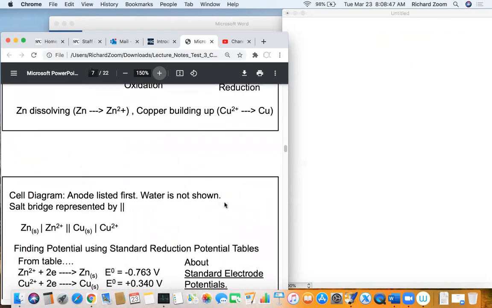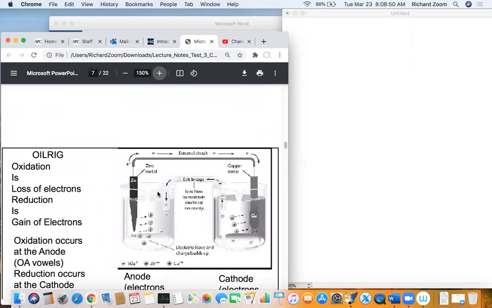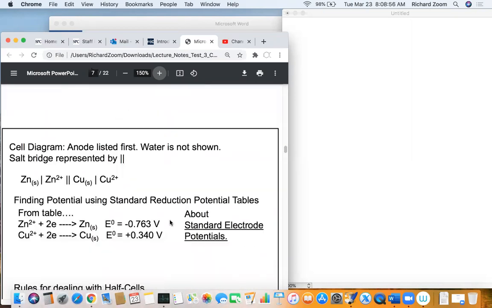So instead of drawing out these diagrams like I have here, which would be quite time consuming, we adjust them to be these kinds of metal ion type situations where we're just showing what's happening on each side of the cell.